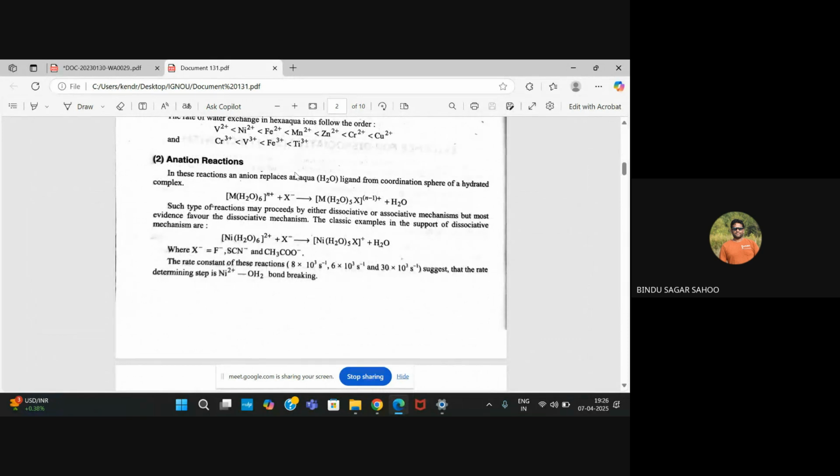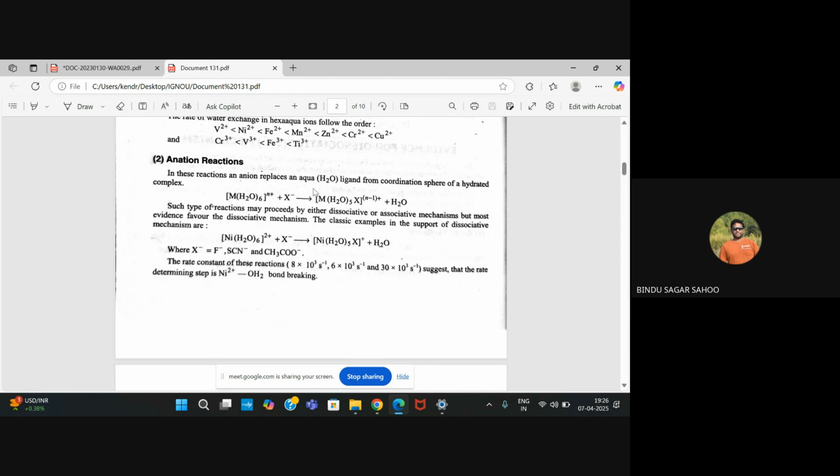Another reaction is the anation reactions. You can see here in these reactions, an anion will replace the aqua ligand. That means this is a hexacoordinated metal complex, and this anion X minus will replace one of the water ligands from the complex.